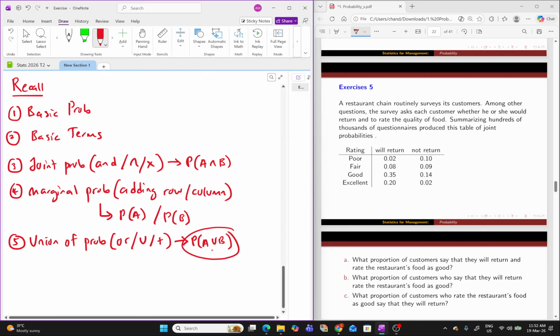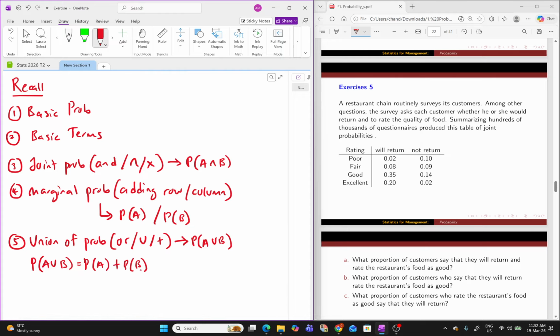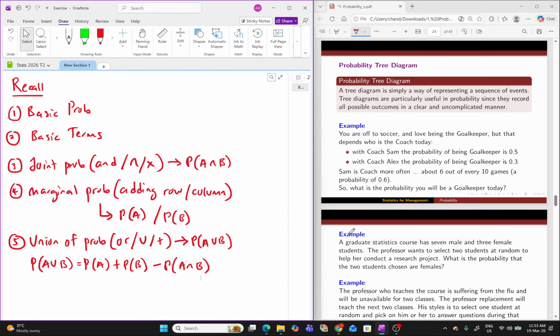The notation is like this, and there's a formula for this one. This will be the formula. So far this is what we learned, just to recall all the things. So next we go for tree diagram.